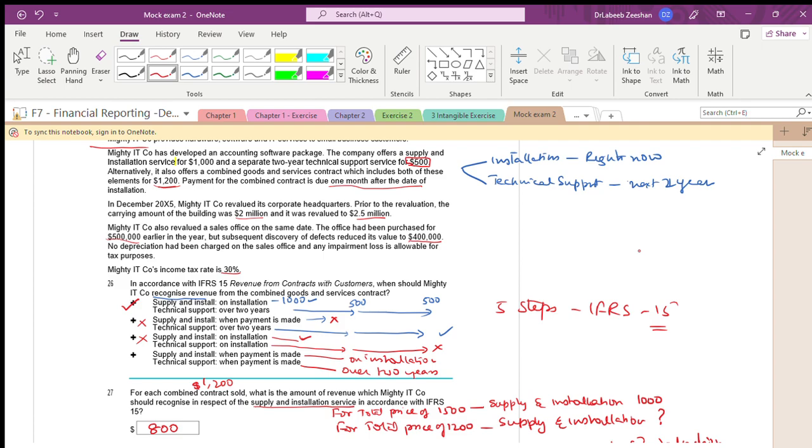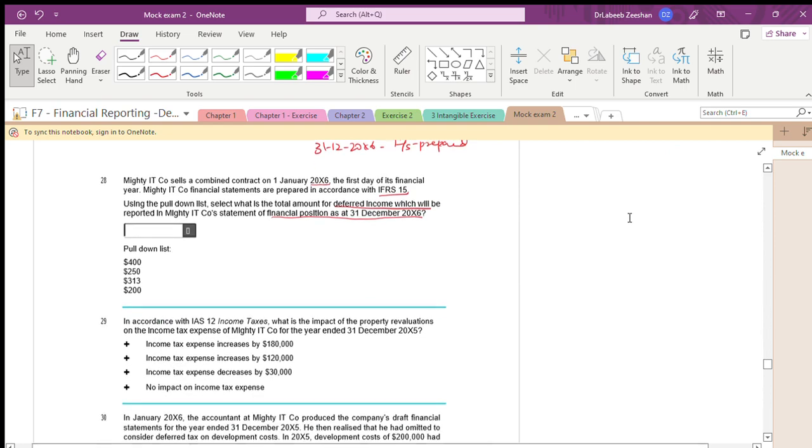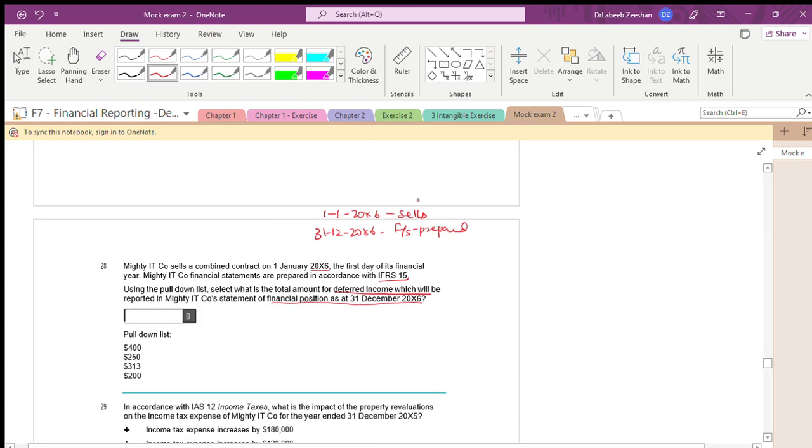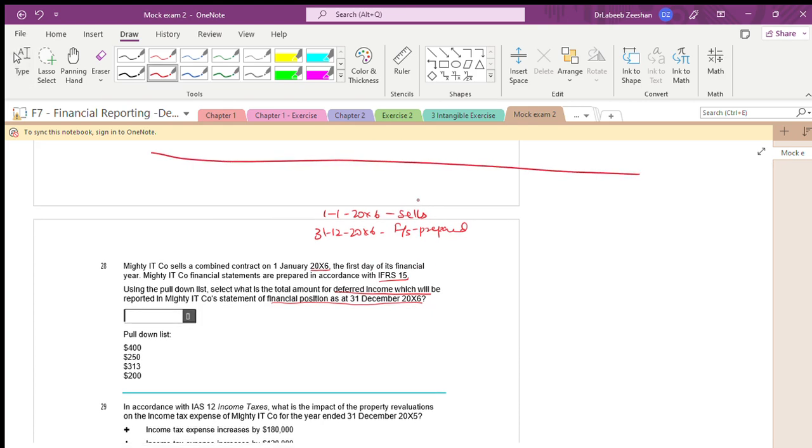Keep it in mind. We have to write it, and then only it will be easy for us. A 2-year technical support is how much? 500. Okay.